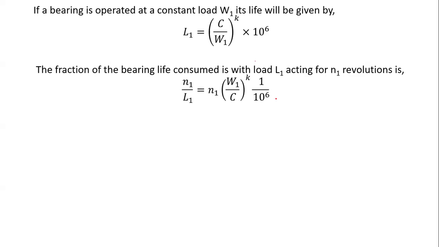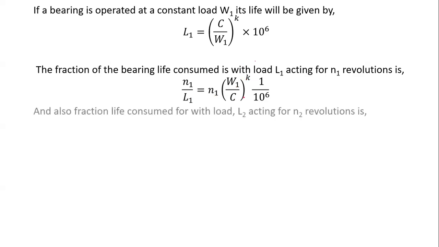Then if you bring the fraction between the number of revolutions and the life of a bearing, because the life of a bearing is given by L, then N for revolutions, here you can say N1 over L1 becomes N1 times (W1 over C) to the power K, then everything divided by 10 to the power 6.